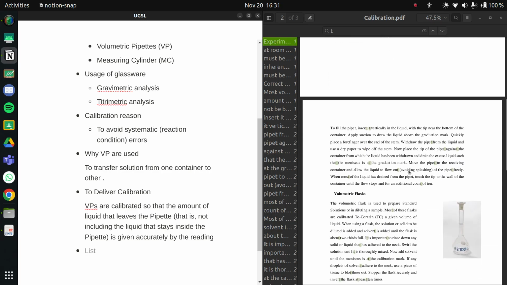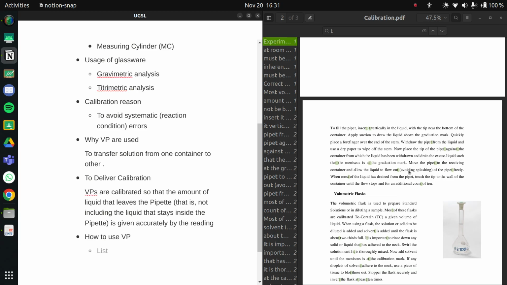So to fill the pipette, insert it vertically in the liquid with its tip. So how to use it? How to use VP? So first insert vertically in liquid with the tip near the bottom of the container, right?